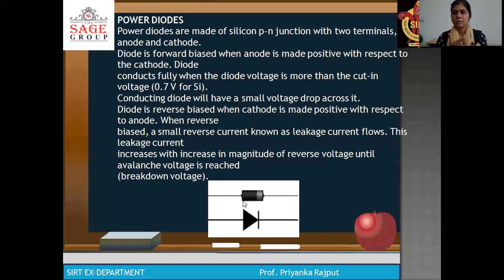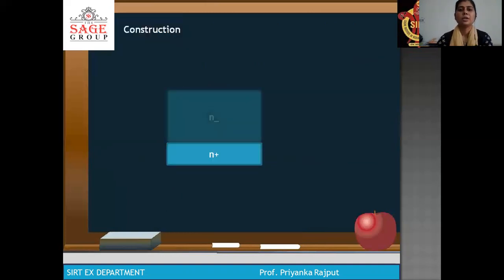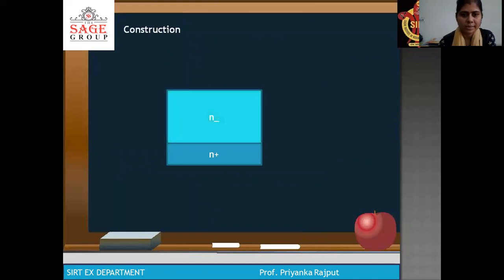Whenever you see a physical diode component, you can see a thin white layer on it. This white layer is the negative side and the opposite side is the positive. Now, the construction of the power diode: it has an N plus layer, an N minus layer as well as a P plus layer.